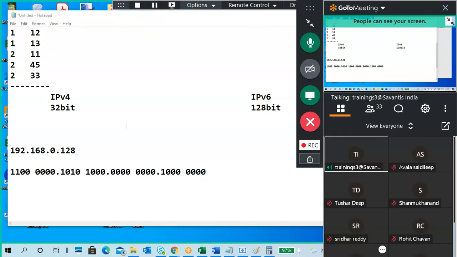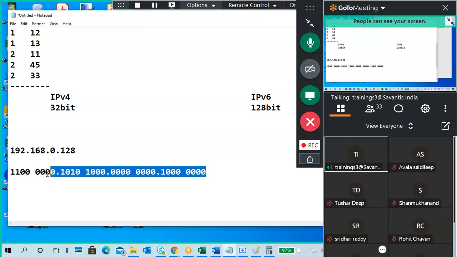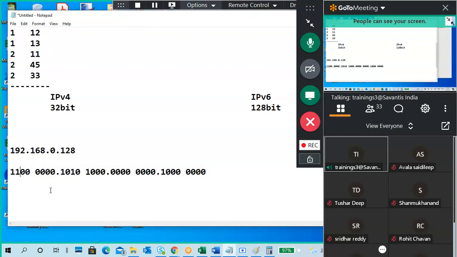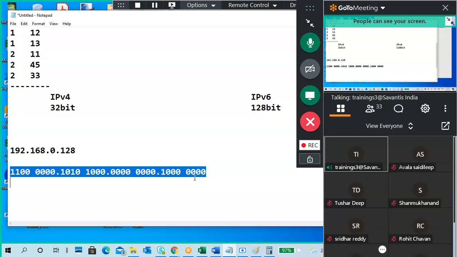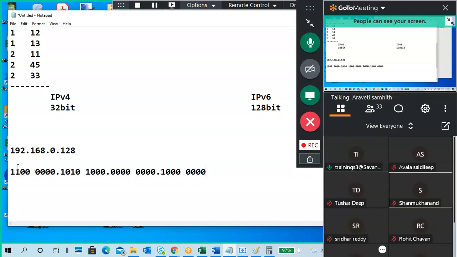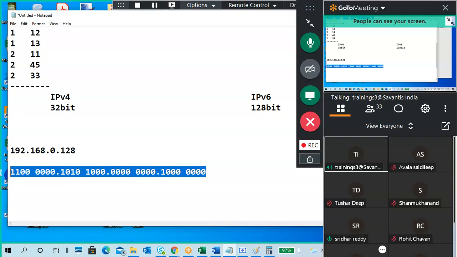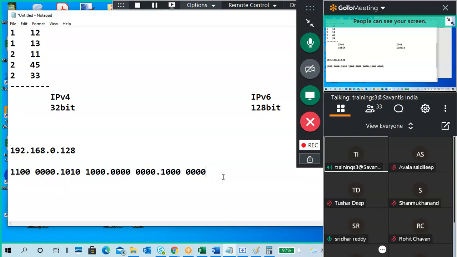How many 1s and 0s are there in total, from here to here? So 32. 1, 2, 3, 4, 5, 6, and all like this. This is totally 32.